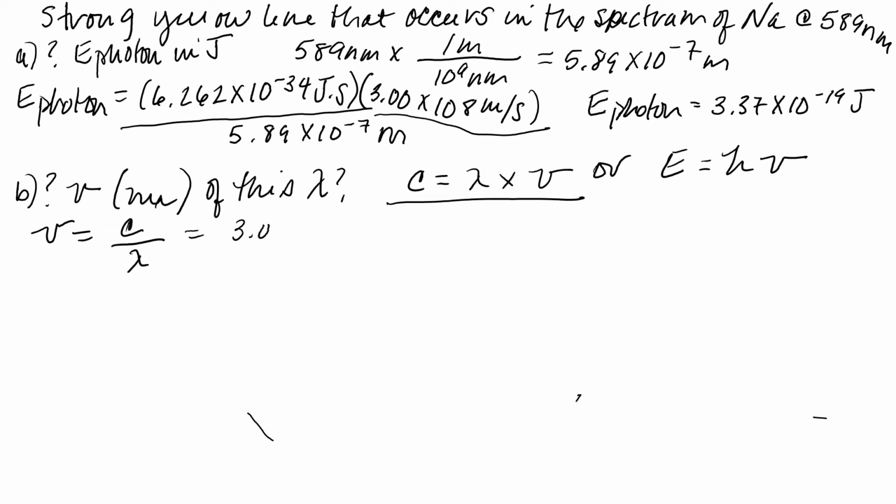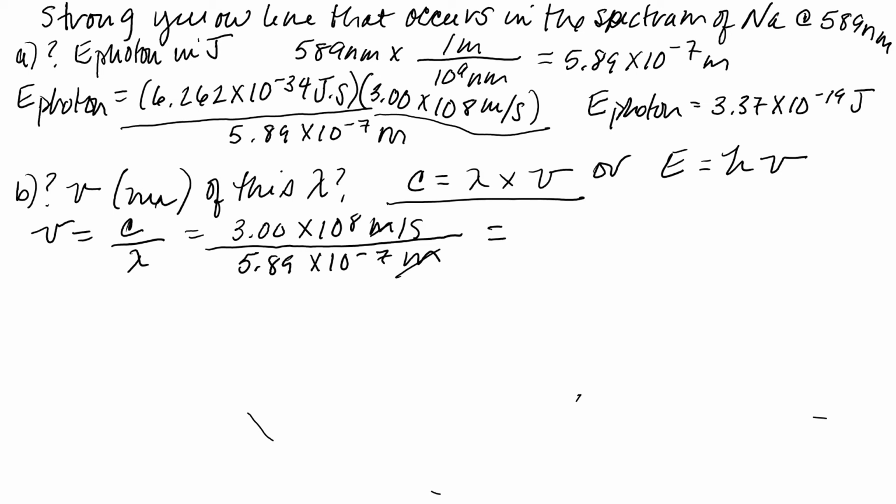So 3.00 times 10 to the 8 meters per second divided by lambda in meters, 5.89 times 10 to the negative 7 meters. Meters cancel. Remember, frequency is in units of 1 over s or hertz.